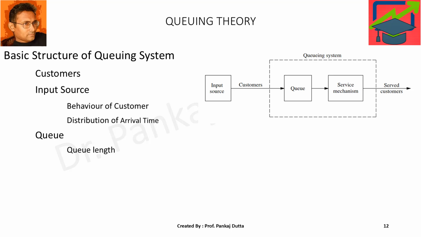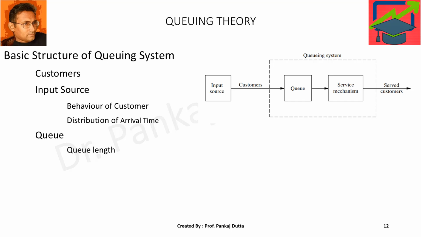We now focus on understanding the next component in the basic queuing structure. We know queue refers to those customers who are waiting for service and does not include the customers being served. Depending on the maximum permissible customers in a queue, it is classified into two categories, infinite and finite.